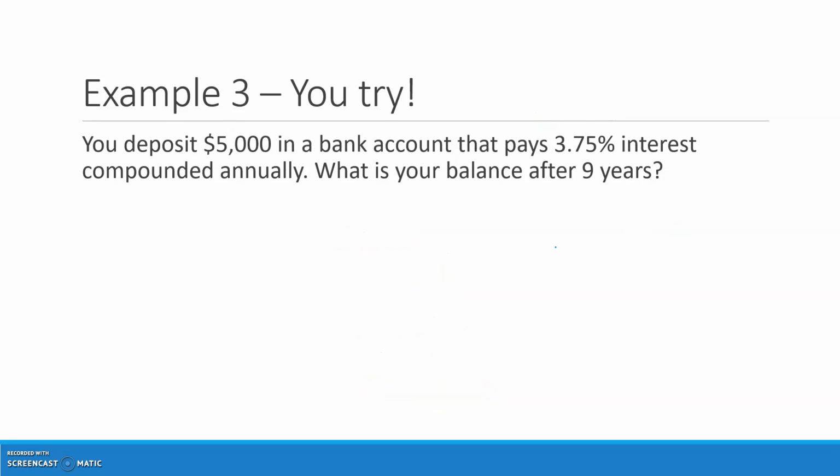All right, try this problem, and then when you're done, come back, pause the video first, and then come back and we'll check. All right, you should have your formula written. And then substitute in what we know. We know that $5,000 is the principal.